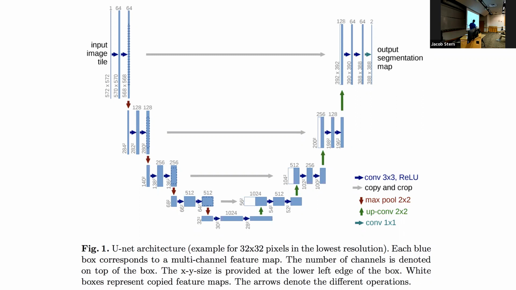What you said is exactly right. You see this dashed line cropped from this image is then copied across and concatenated with the output coming from the other fork of the network. It's concatenated along the channel dimension, and then you just apply convolutions from there on out.